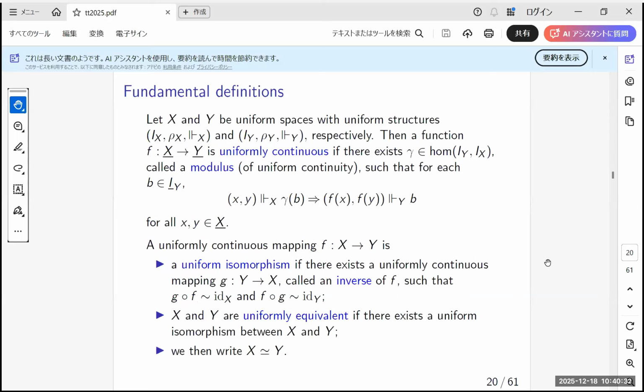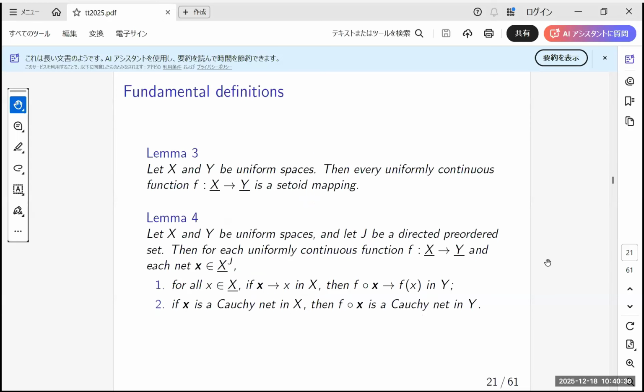And we write it in this way. We can show that every uniformly continuous function is a setoid mapping, and a uniformly continuous function maps a convergent net into a convergent net, and a cosinet to a cosinet.